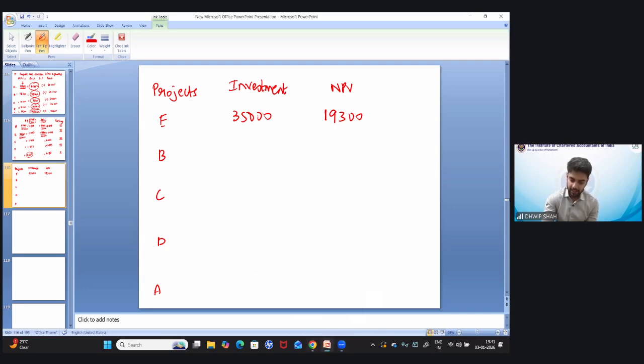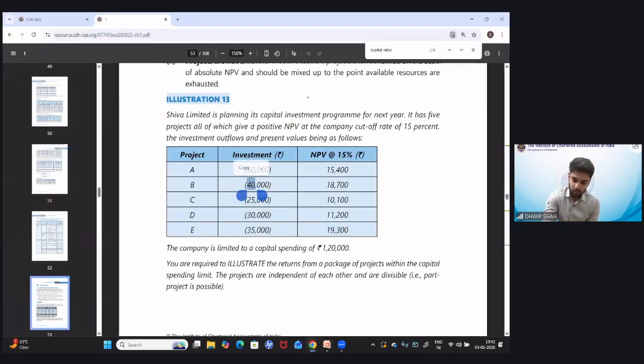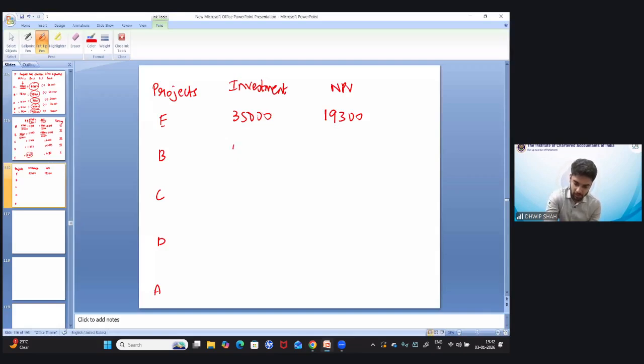How much second rank is to project B? Project B is on silver medal podium. 40,000. Do I have enough balance spending amount to take entire project B? Yes, sir. Project E 35, project B 40. तो total ले तो 75,000 ही होता है. And we have 1,20,000 limit.